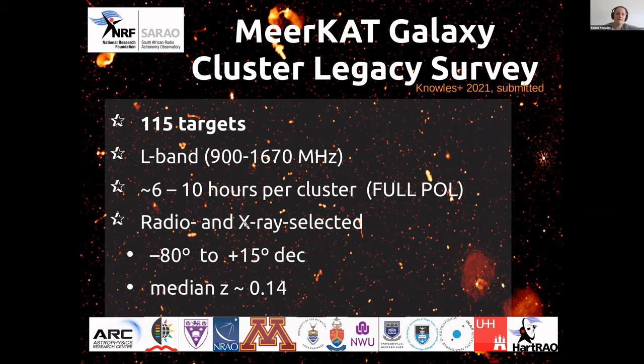There was a luminosity restriction as well, so you're generally picking up the brighter stuff nearby. And so I say the full polarization, not everything at the moment has been calibrated for polarization, but I mention it here.